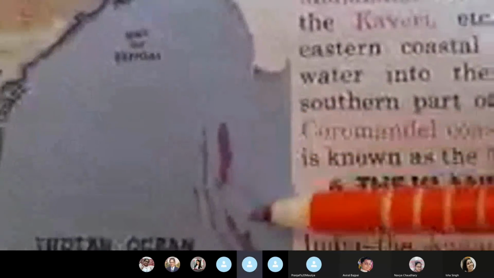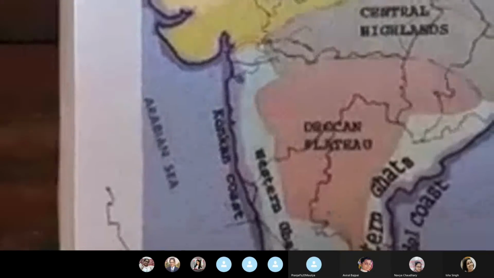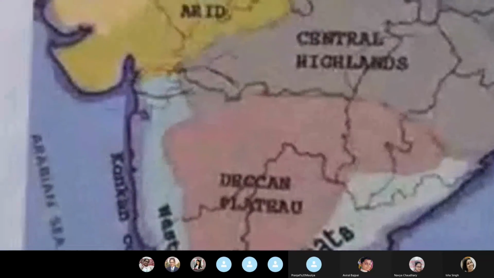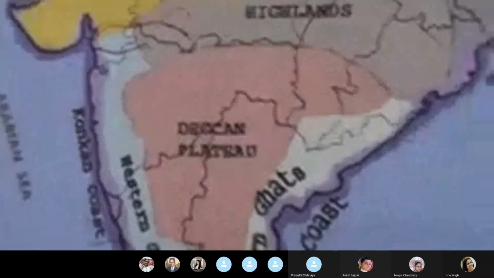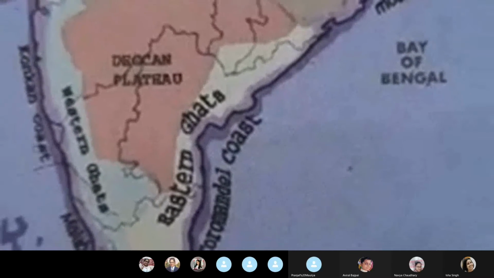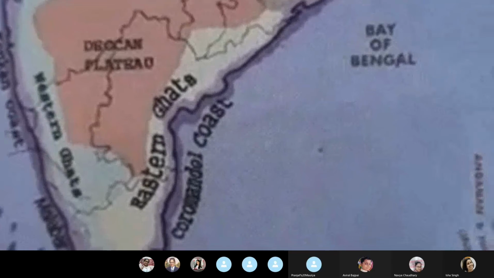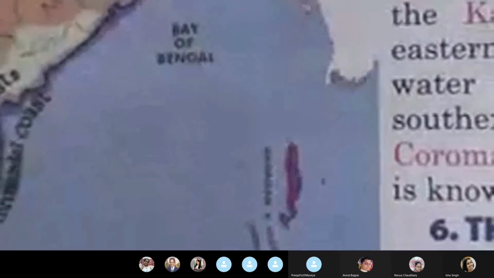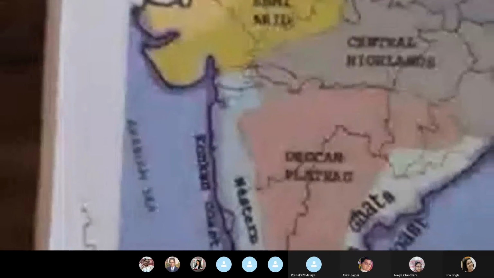Now we come on to the islands. This is one island, Andaman and Nicobar, and these are Lakshadweep Islands. So let us see. There are two island groups formed in India, and they are the Andaman and Nicobar Islands in the Bay of Bengal. You can see it. They are in Bay of Bengal, and the Lakshadweep Islands in the Arabian Sea.